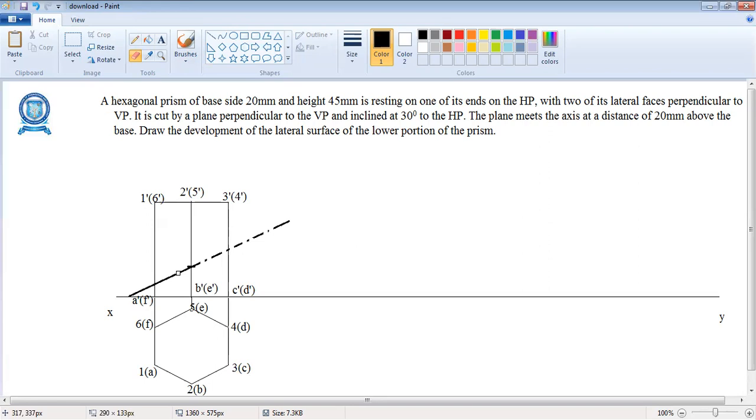Now mark the points for the cutting plane.